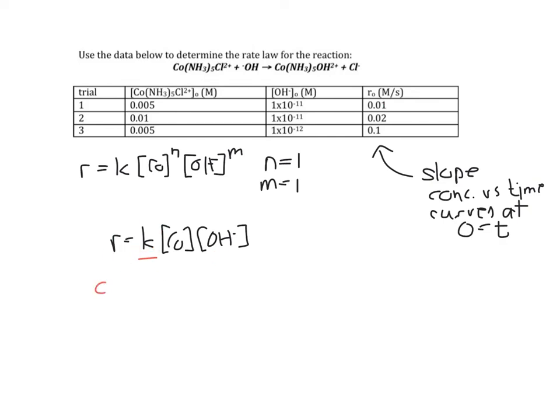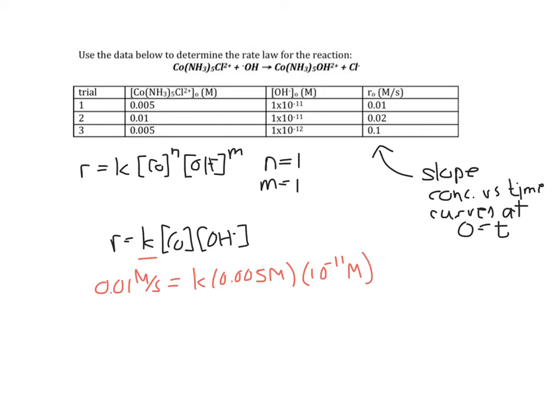We know that 0.01 molar per second is equal to whatever K is equal to times 0.005 molar times 10 to the minus 11 molar.